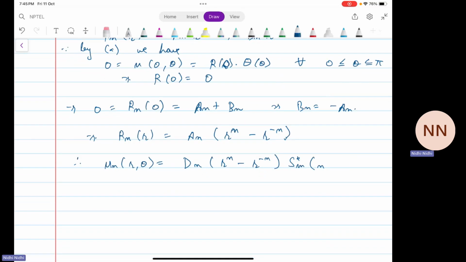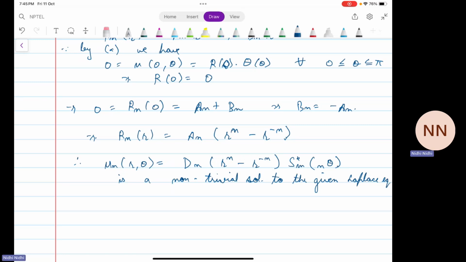So this is sine n theta, a non-trivial solution to the given Laplace equation.